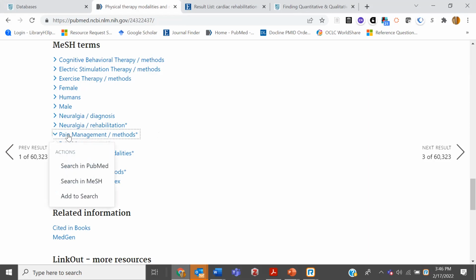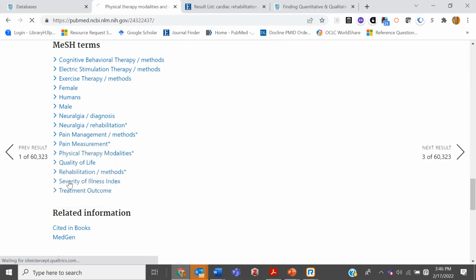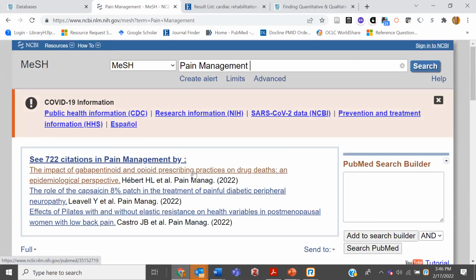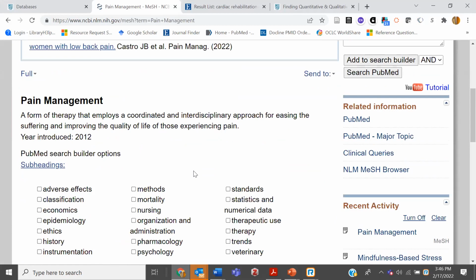I want to zoom in on one of these records really quickly, because PubMed does a good job of having a searchable list of these specific subject terms, and you can view their definition of that subject term very clearly.